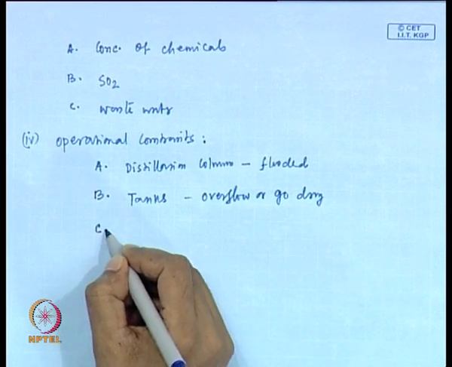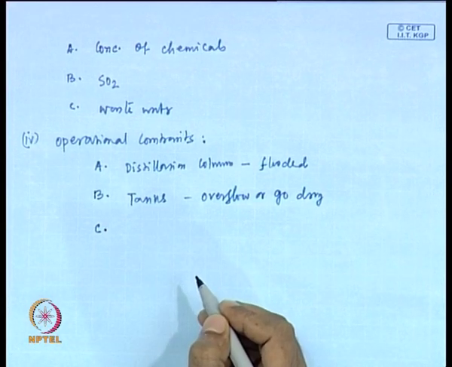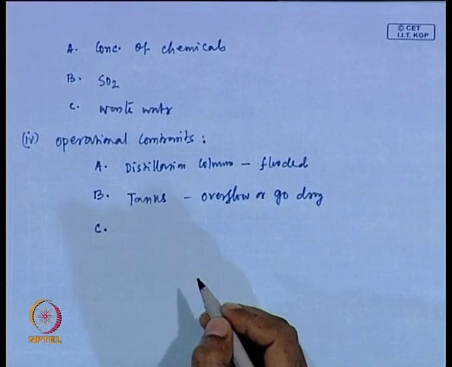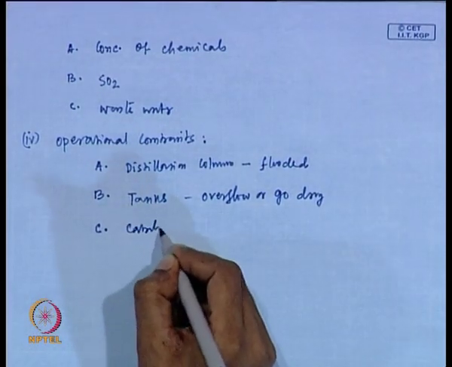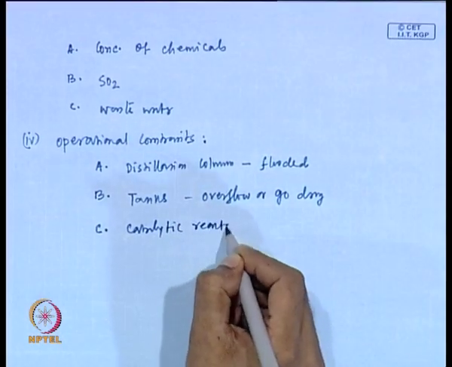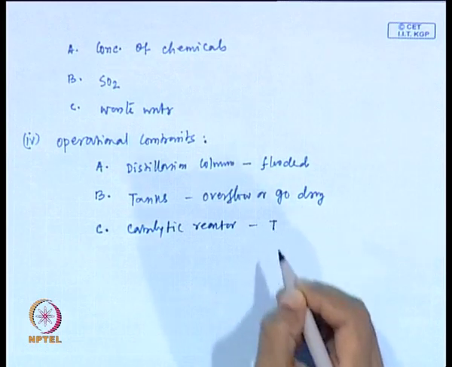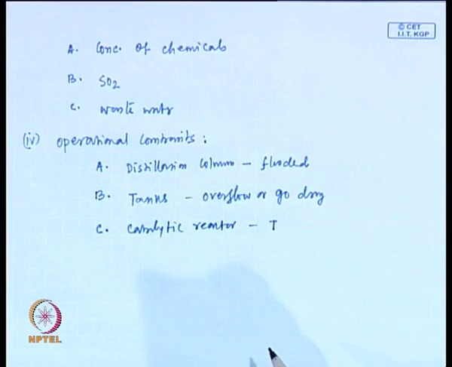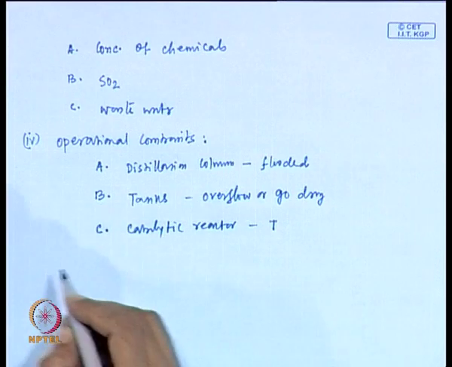Third example is the temperature in a catalytic reactor should not exceed the upper limit, because if the temperature is higher than the upper limit, the catalyst may be destroyed. So, this is all about the operational constraints.